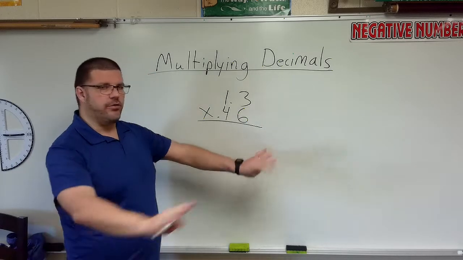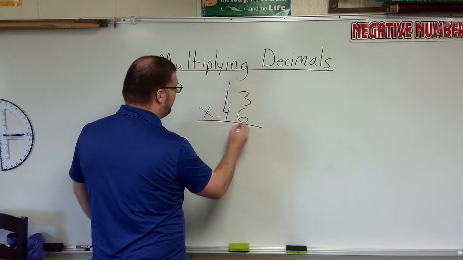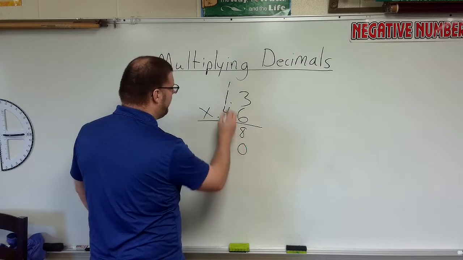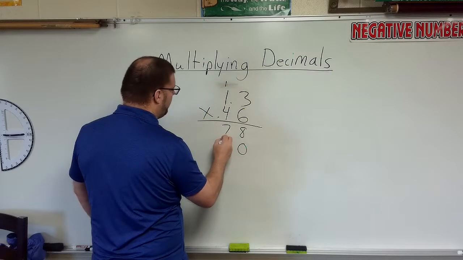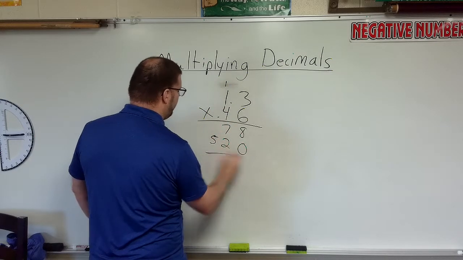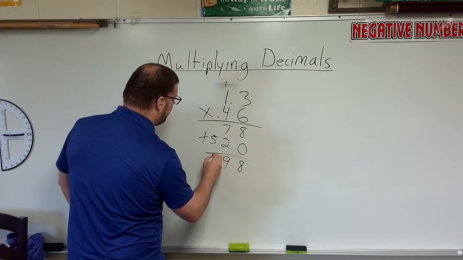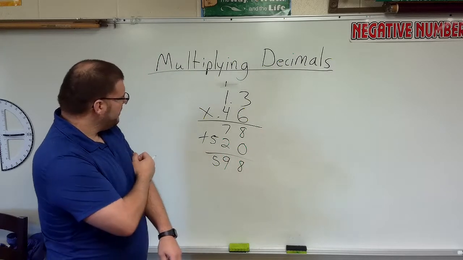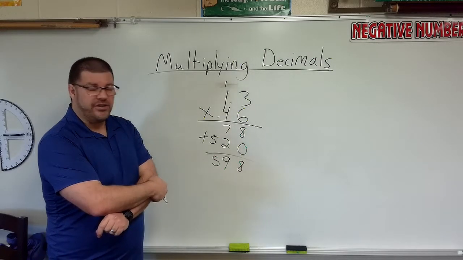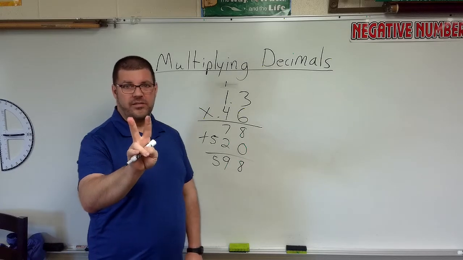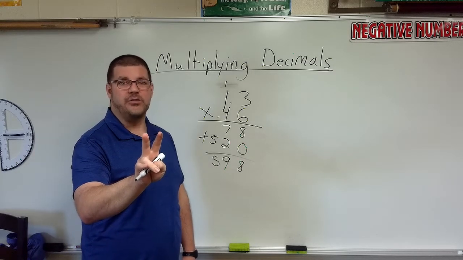Normal multiplication, don't worry about the decimals yet. So here's 18, 7, drop the 0. 12, 4, 5. Add them together. 8, 9, 5. Okay. Now, this is where it's a little different. Since I have two decimals, you got to count how many hops for each one and add those together.